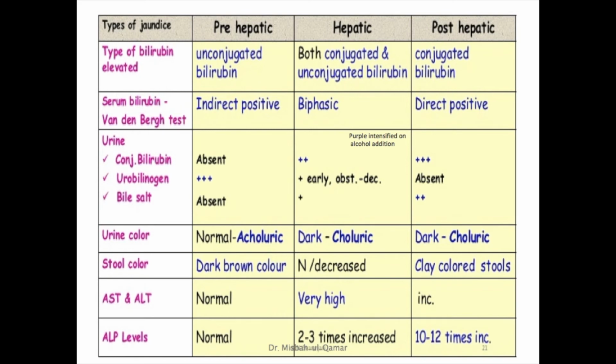This could be acquired also in case of acute or chronic liver parenchymal disease. In hepatocellular jaundice, both conjugated and unconjugated bilirubin are increased in plasma. But other clinical features and investigations vary with the underlying disease.